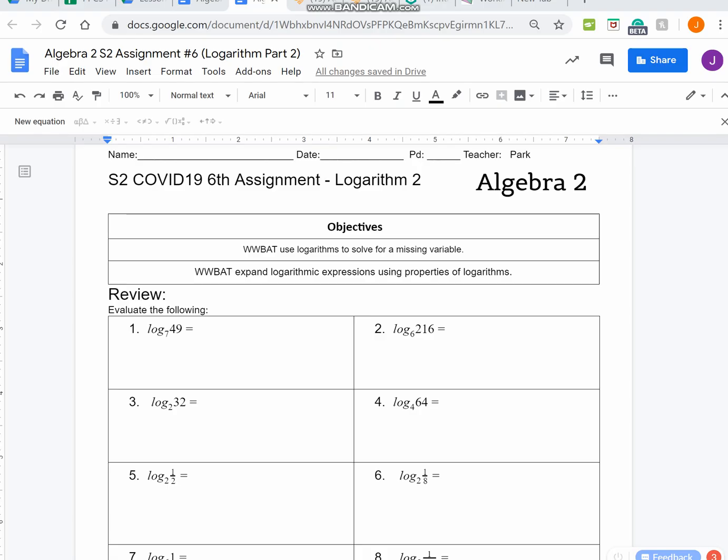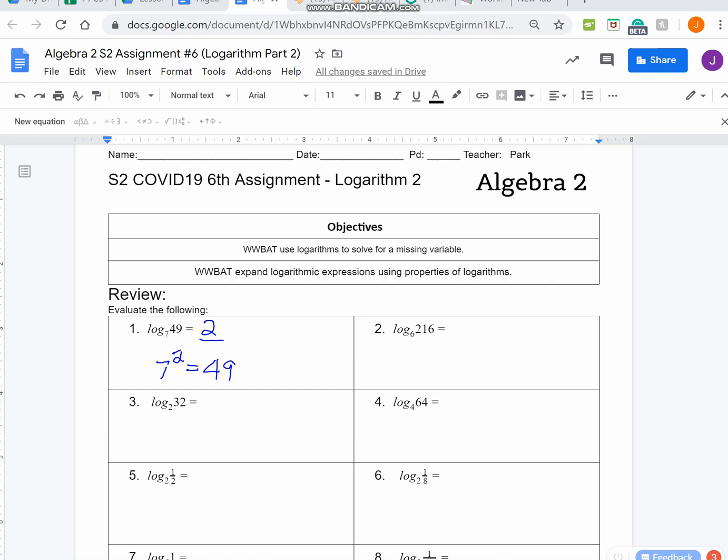Okay, when you look at the first question, you can see that log base 7 of 49, and I can see that 7 should be the base, and 7 to a power would give you 49. So what should be that power? Yeah, that has to be 2. 7 to the second power has to be 49. And that means that this logarithm is going to be 2. So log base 7 of 49 is equal to 2.